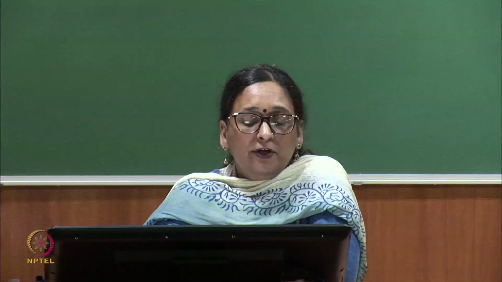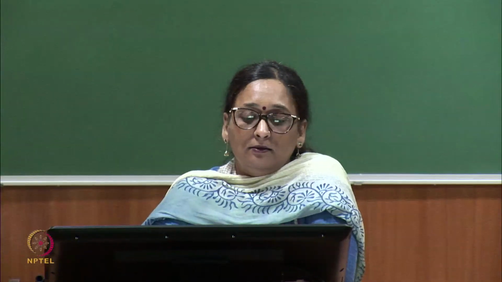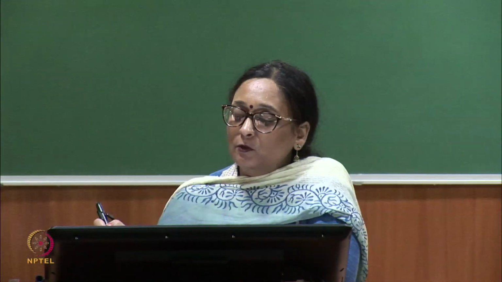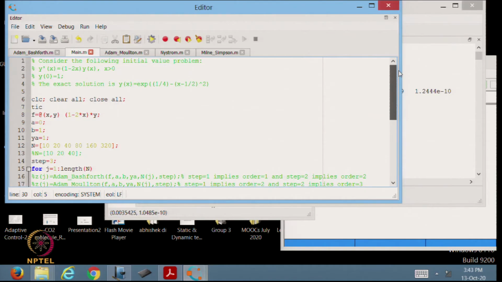So, that is the analysis of every difference scheme under different categories: Adams-Bashforth, Adams-Moulton, Nystrom, Milne Simpson's we have done. We have verified numerically the order of each difference scheme. Okay. So, we have determined the order, and we have also seen how these difference schemes are converging with respect to one particular example.